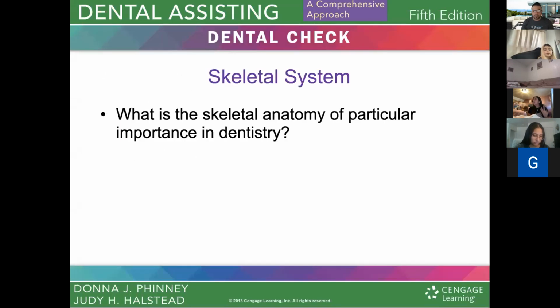Okay, who can tell me what is the skeletal anatomy of particular importance in dentistry?